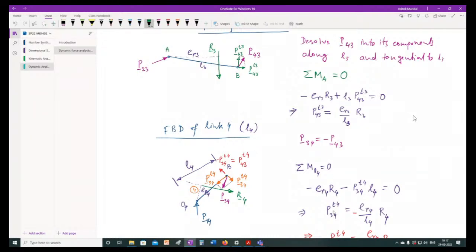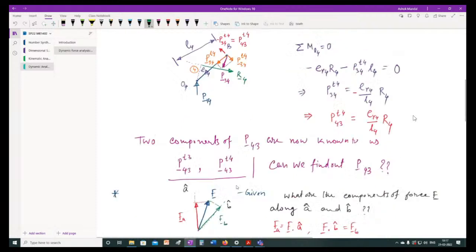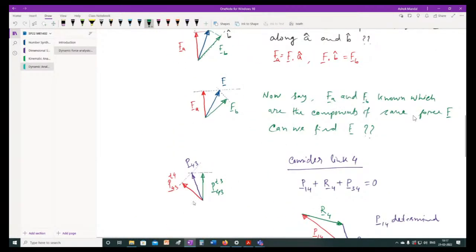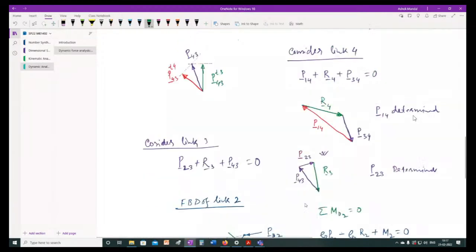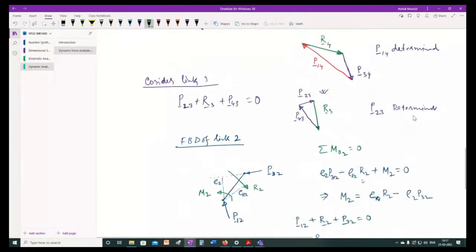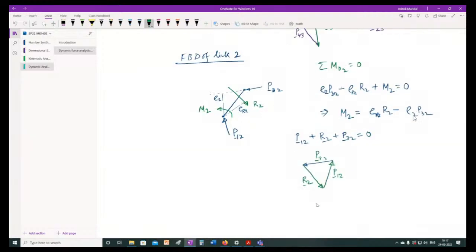Once you have these two and you have this direction and this direction, then you draw this diagram. Once you draw this diagram, you will get this vector. That is the drawing from which you get the magnitude and direction of this vector. Once you have this, then you draw these steps and get all the other values. Got it?